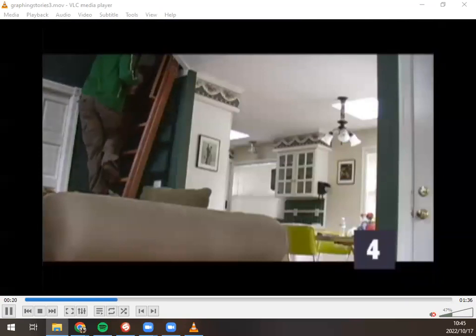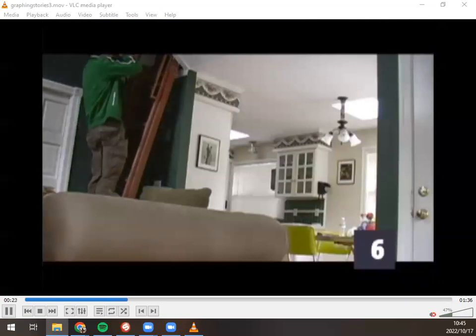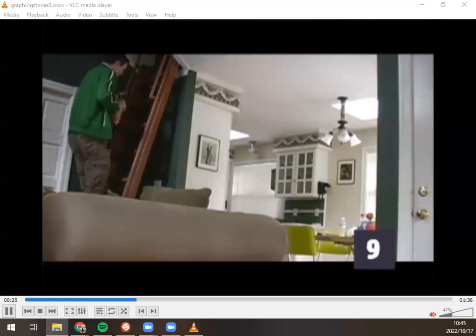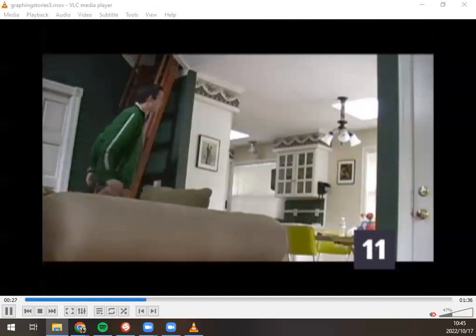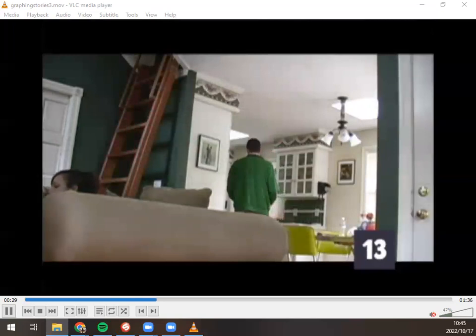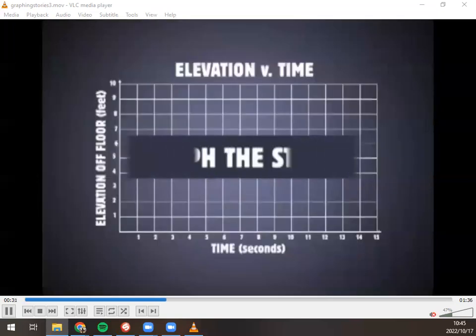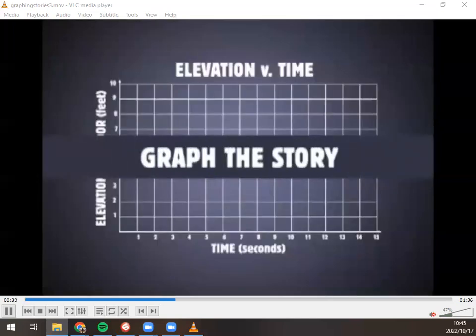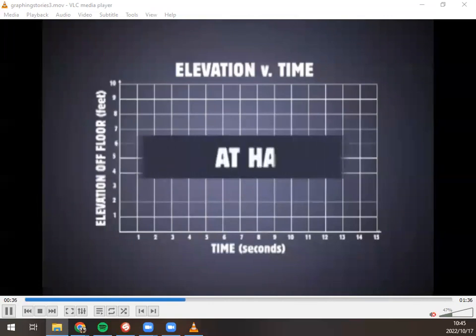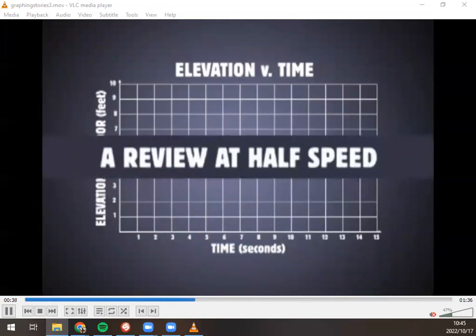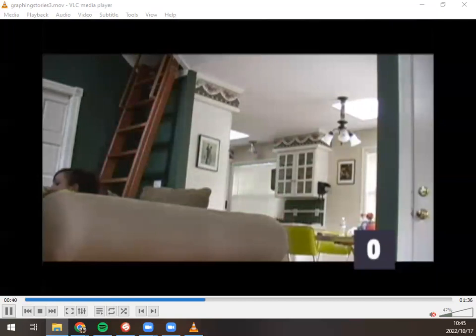Okay, so he's going down there, down those stairs. Taking a little break. Going down again. There the elevation stays the same, right? I think this is probably a teacher that made this workshop.